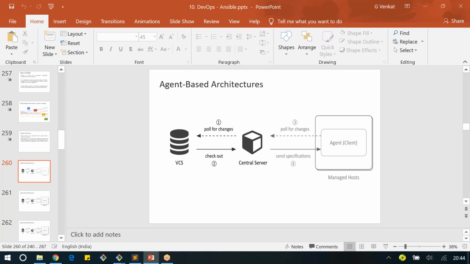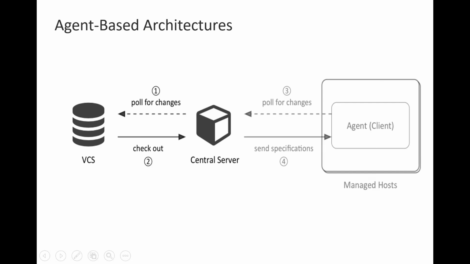From the architecture point of view, first we discuss agent-based architecture, which applies to Chef and Puppet. This architecture is for Chef and Puppet, and we try to understand how they work in the infrastructure.